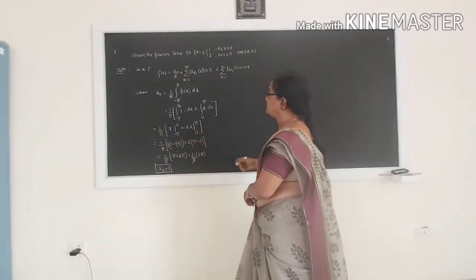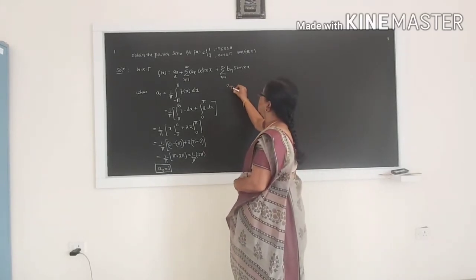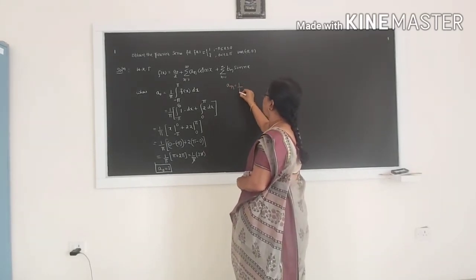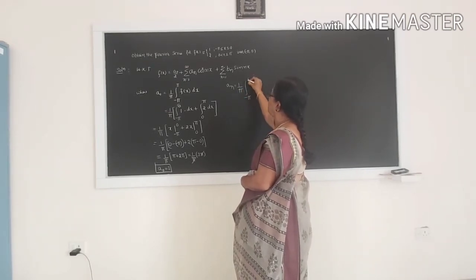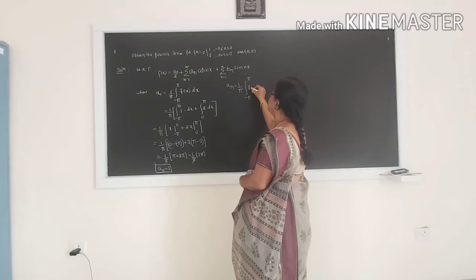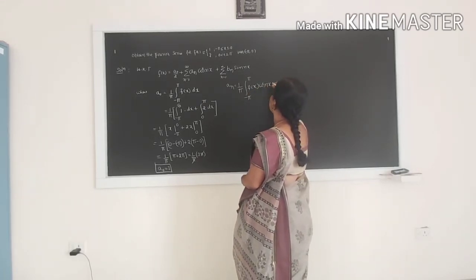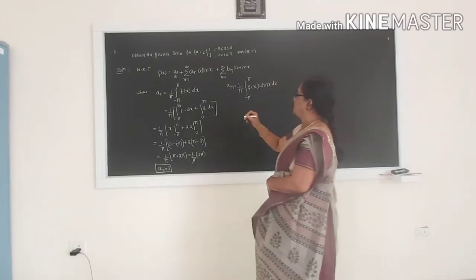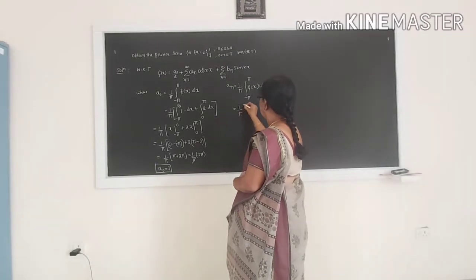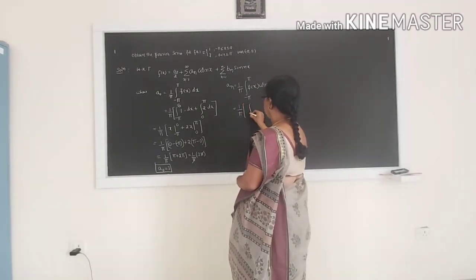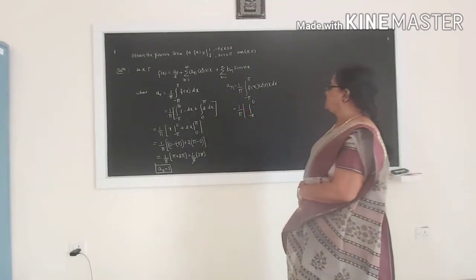Now I write this an as equal to 1 by pi times integral minus pi to pi f of x into cos nx into dx. Now again, for the same reason, I split this integral into two parts, that is from minus pi to 0 and 0 to pi.